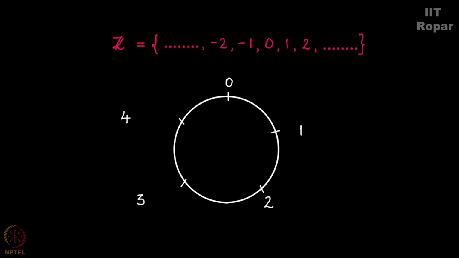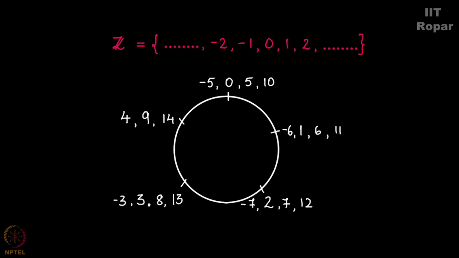Now, I'm going to write the next number like this: 5, 6, 7, 8 and 9. And the next round will be 10, 11, 12, 13 and 14 like this. Now, not only the positive integers, I'm going to write some negative ones also: -5, -6, -7, -3, -4.